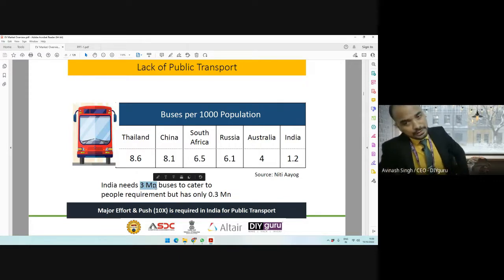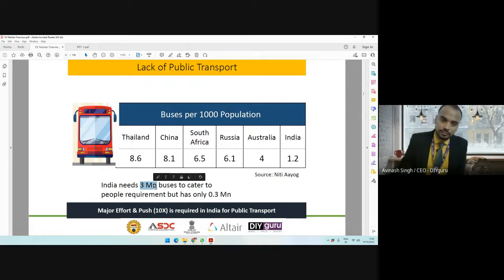And you will see almost 95% of these buses will be electric, because whichever state you talk about, every state has been given a directive by the Ministry of Heavy Industries that if you are buying a bus, it has to be electric, provided your bus is not going from a central location to a very far off location where electricity is not there or there are no charging station facilities.